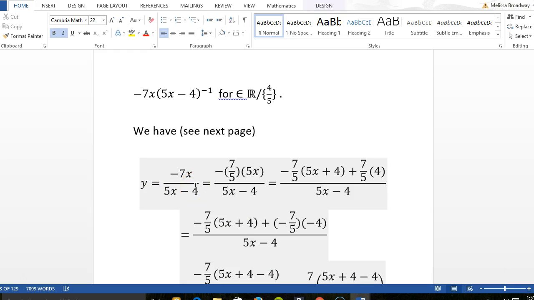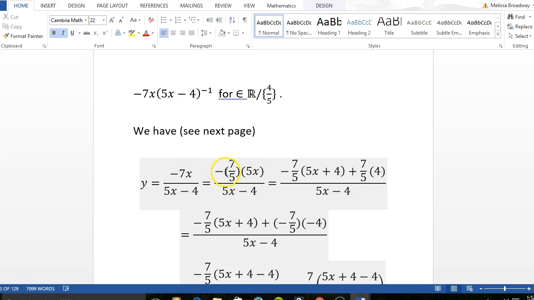Now I'm going to do some more tricks before I break in and do the derivative. It would be nice if I could, let's see what I do, and then I'll talk about the big picture. So I insert a negative 7/5 here times 5x.